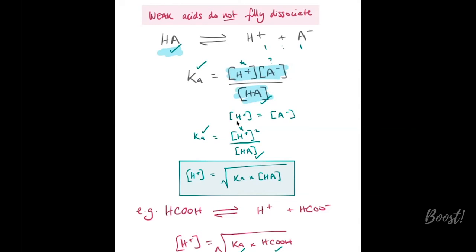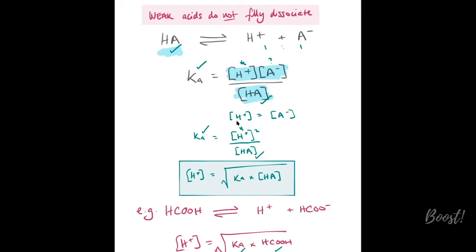If you have a Kc value for equilibrium of larger than 1, what that means is the equilibrium is shifted further towards the right-hand side, because that means that the numerators, the concentration of the products, are greater than the concentration of your reactants. So a Ka of greater than 1 means that you've got quite a lot of dissociation, and that would mean, in terms of an acid, if it's shifted towards the right, a relatively strong acid.